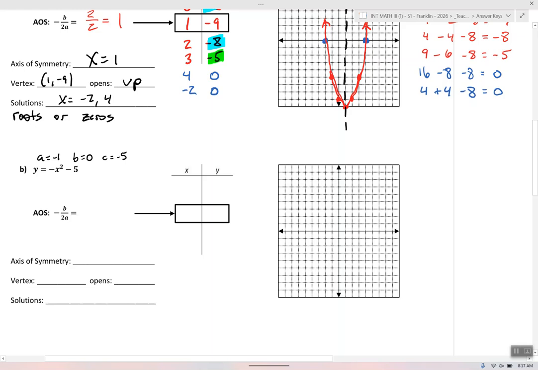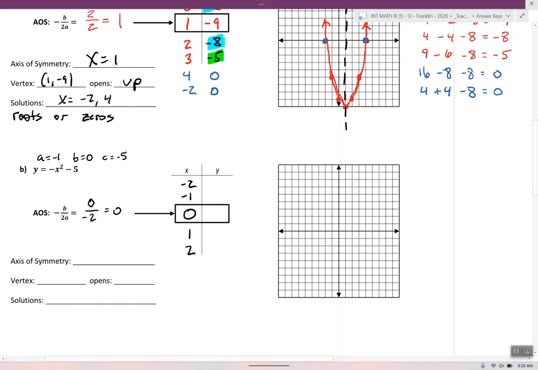Negative b would be 0, 2a gives us negative 2, but 0 divided by negative 2 is just 0. So our vertex has an x value of 0. If we're going to choose 2 points above and 2 points below, that would be negative 1, negative 2, and 1 and 2. So our function here is negative x squared minus 5.